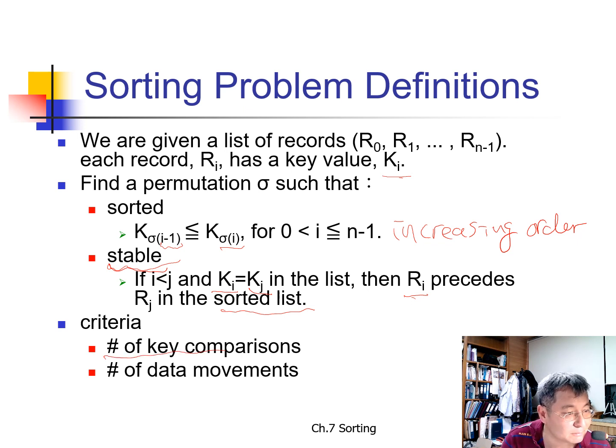The number of key comparisons is an important criterion to determine which sorting method is the better algorithm. The number of data movements is also another criterion, but the number of key comparisons is the more important criterion to decide which sorting method is efficient.